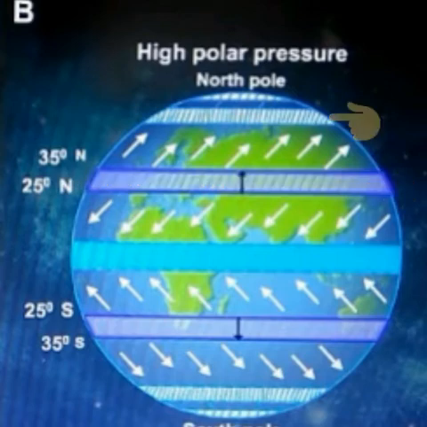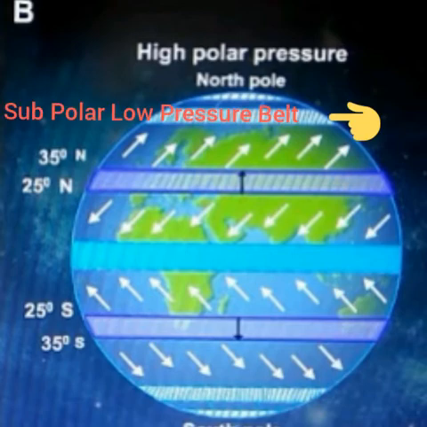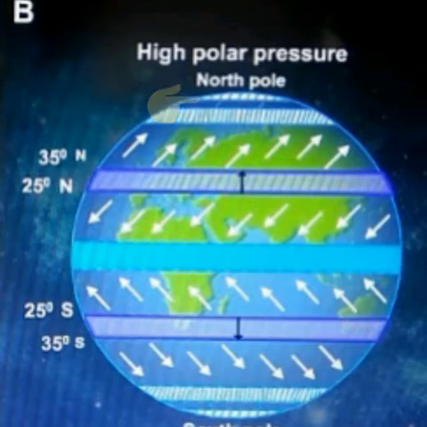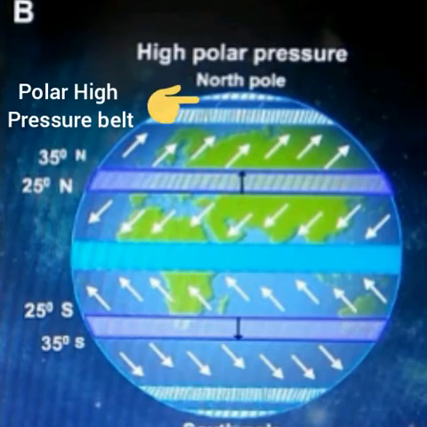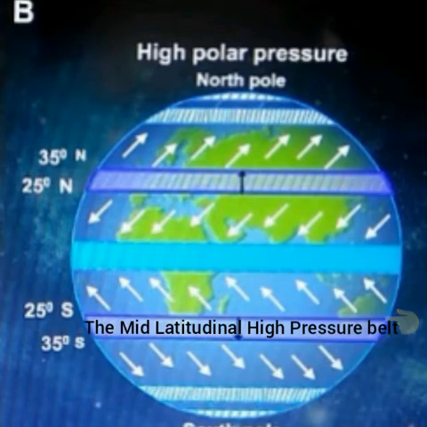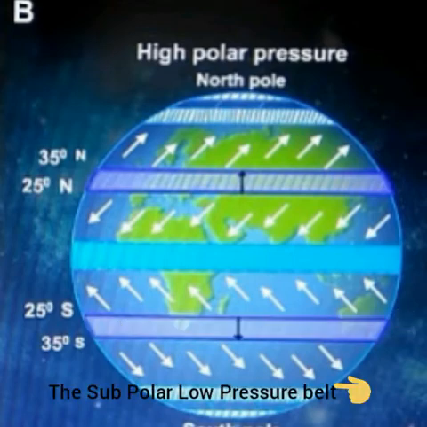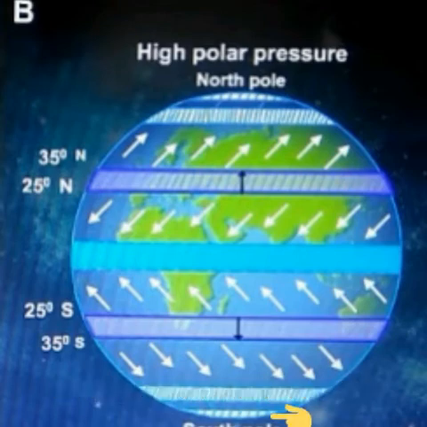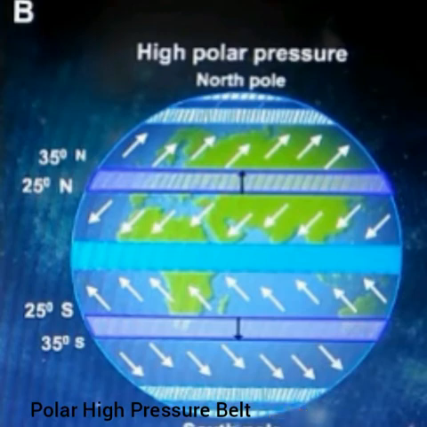Then children, we have the subpolar low pressure belt, and see in the diagram at the top we have the polar high pressure belt. Coming towards the down, if we come down towards the southern part, again we can observe the mid-latitudinal high pressure belt, the subpolar low pressure belt, and then the polar high pressure belt.